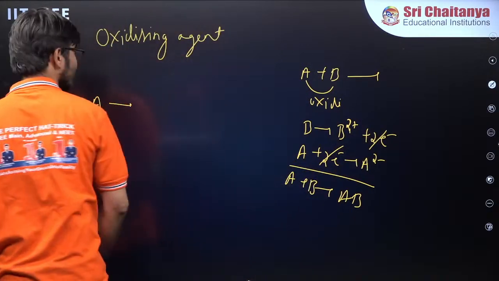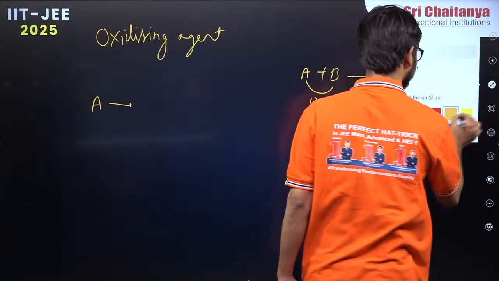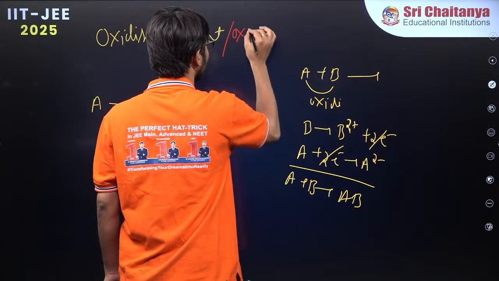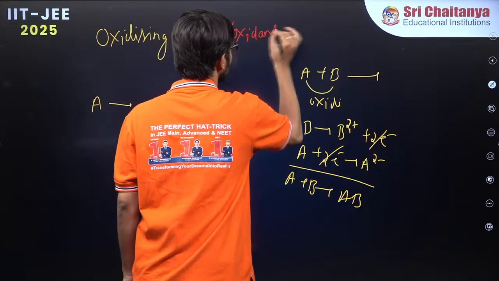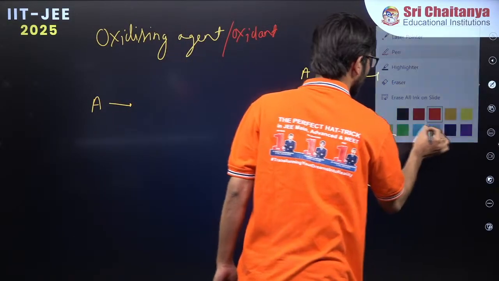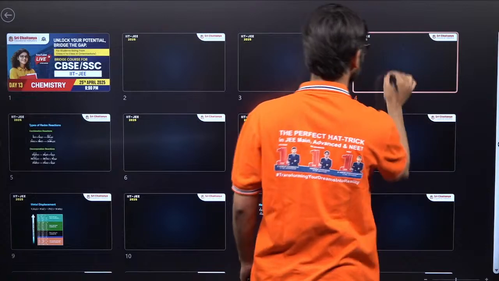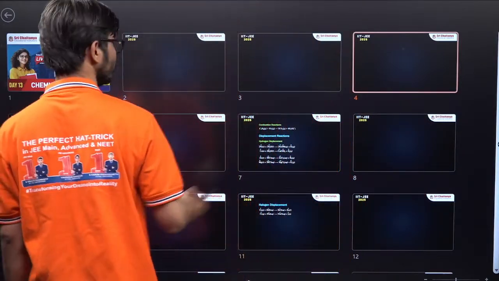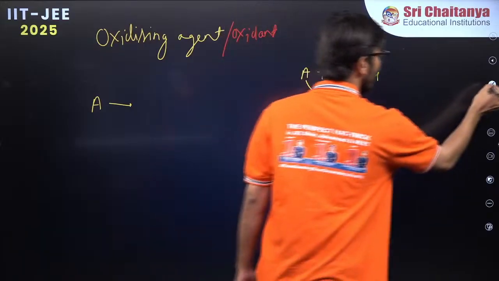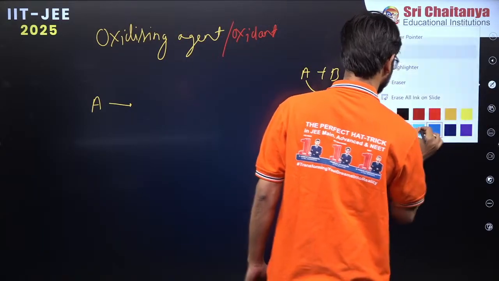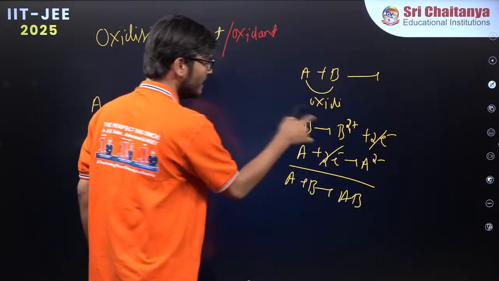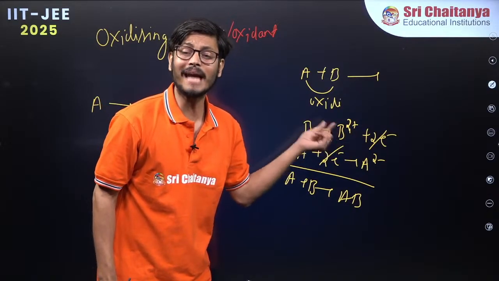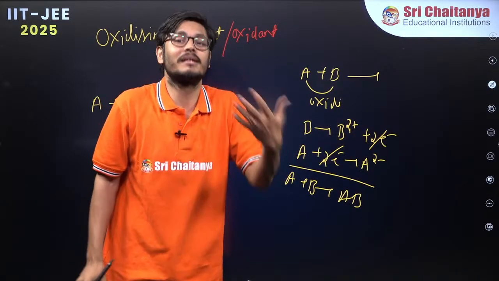Now what is reducing agent and what is oxidizing agent? If you understand, it is very simple. Oxidizing agent, which is also known as oxidant. Now this B is acting as a reducing agent. What happened with B? B's self oxidation happened.